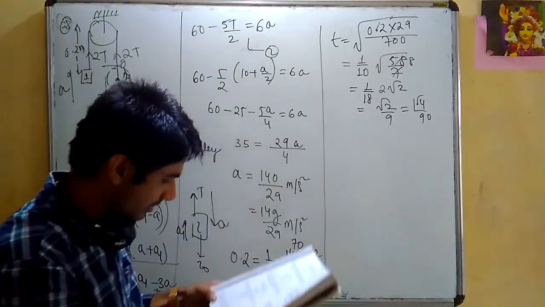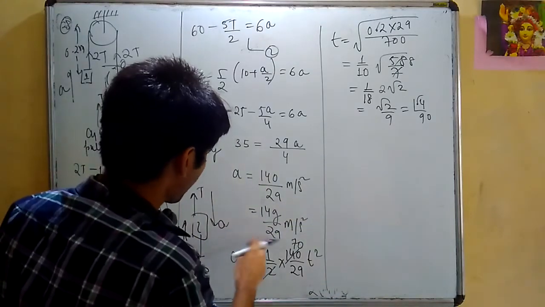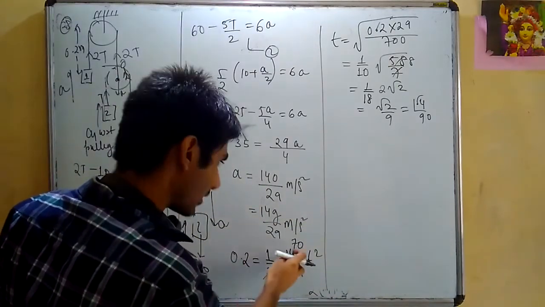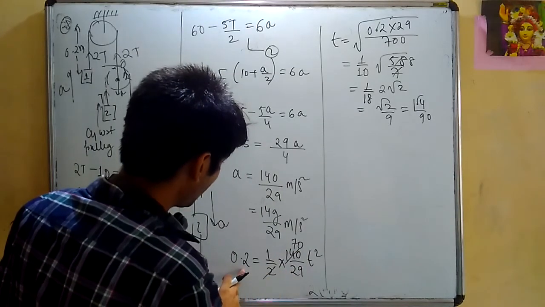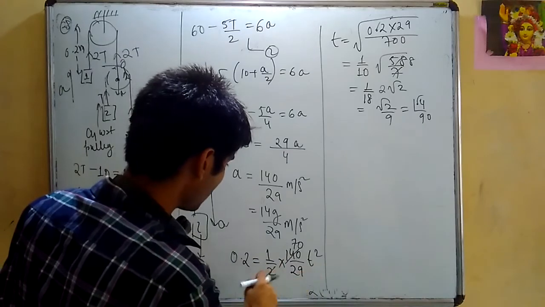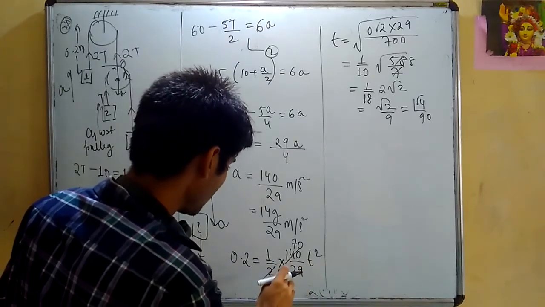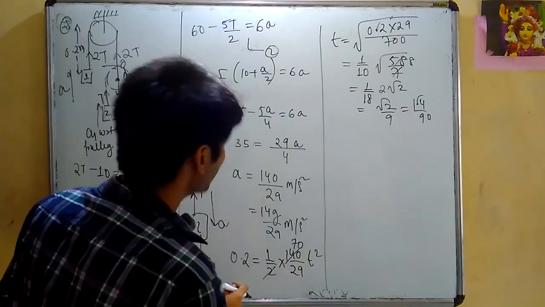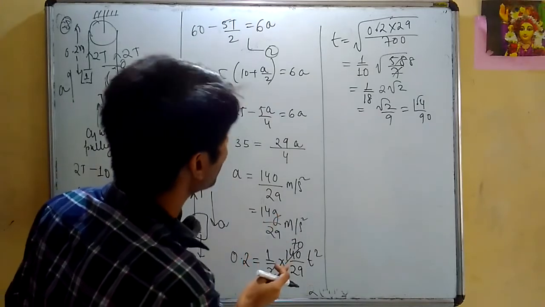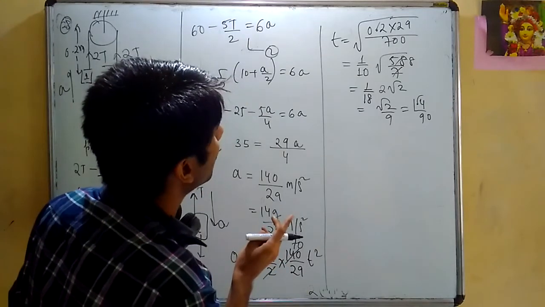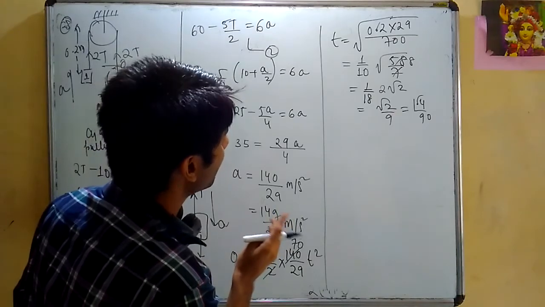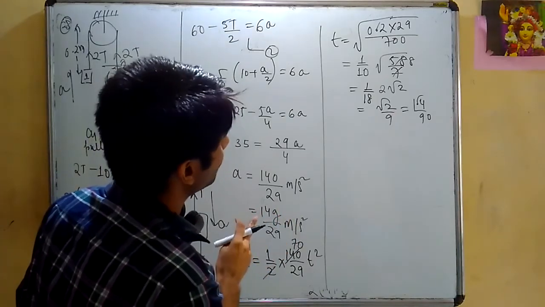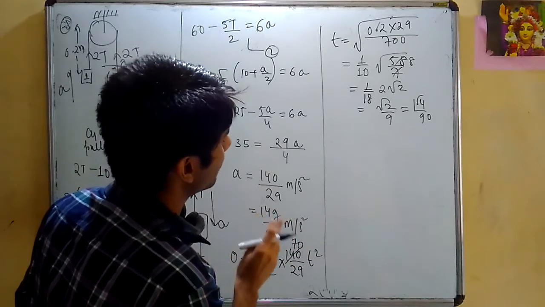Okay, I guess you can do the calculations on your own. Just let me check that no calculation went wrong. 14g by 9, that is 140 by 29. S equals to ut plus half a t square. This is 2 into 70, and this is 29 into 0.2 by 70. This is 58 by 7. 10 is taken outside. 7 8 is 56.